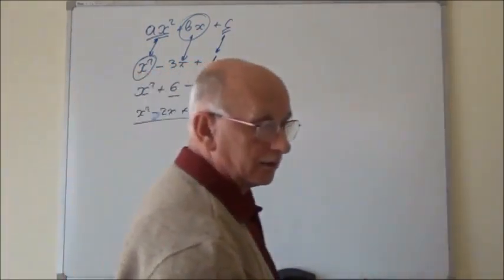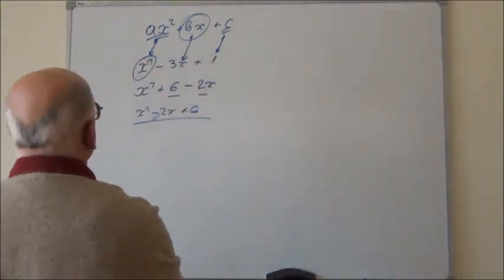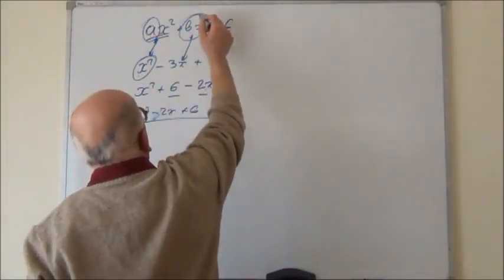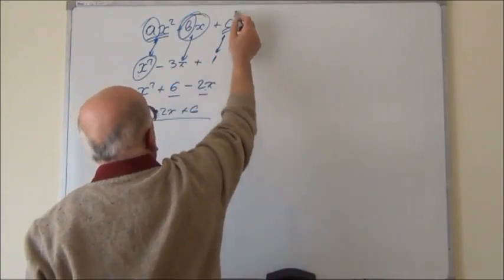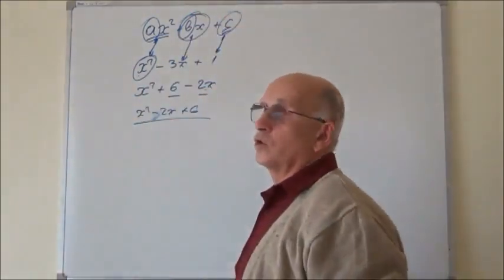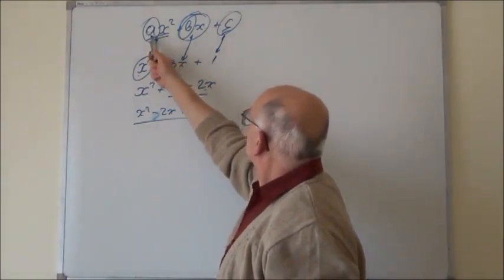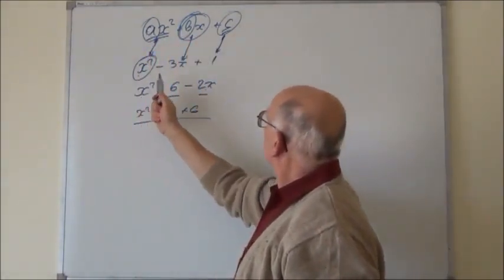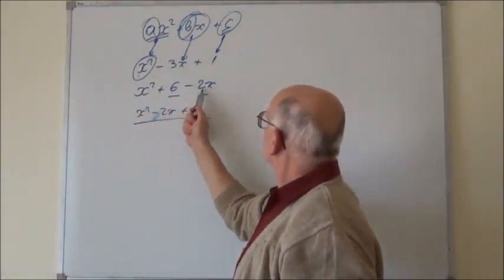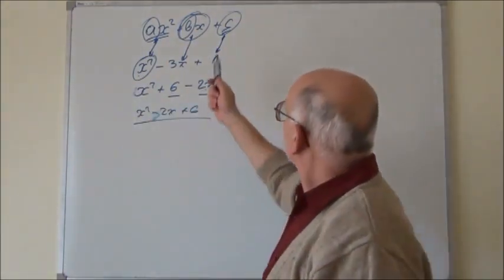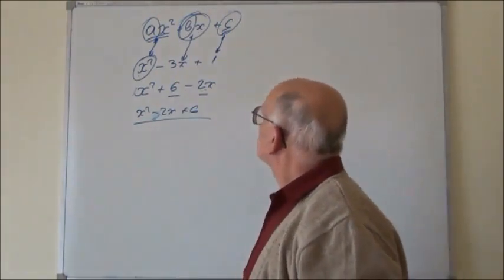What else here we have to understand? We have to understand A, B, and C are coefficients. That is, they are actually numbers, like we can see here, 6, 2, 1, numbers that multiply x.